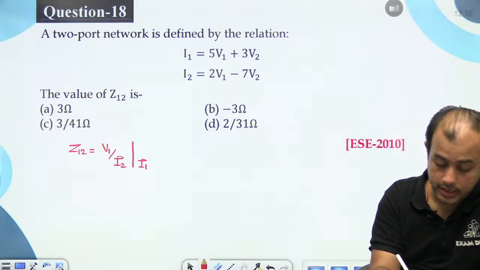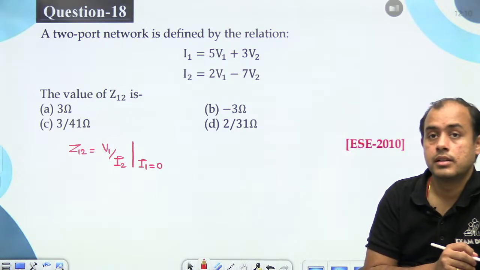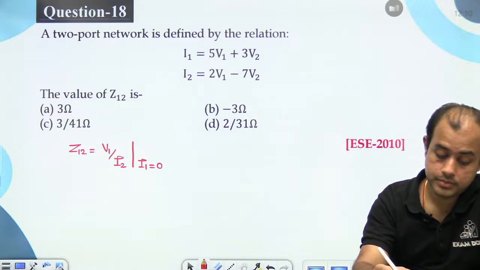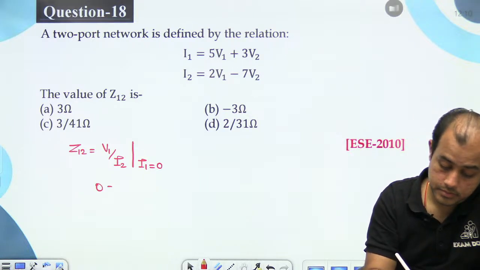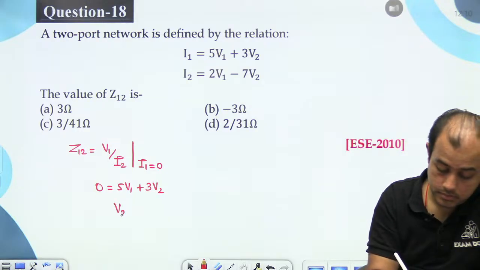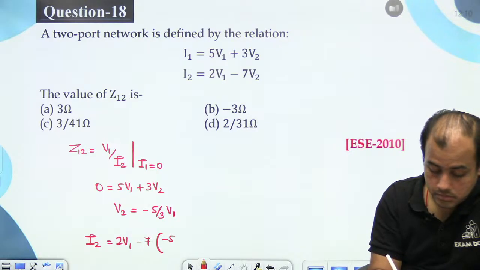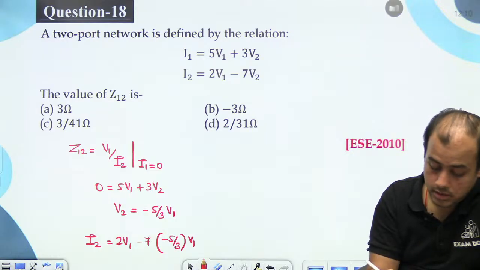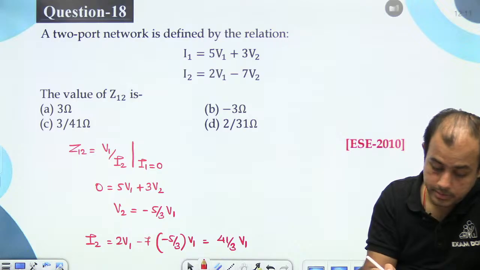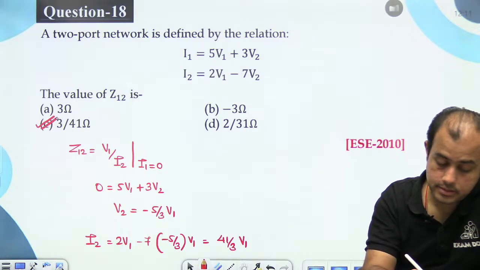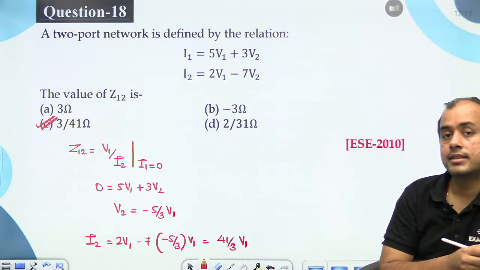V1 by I2 when I1 is 0. Okay, I1 is 0. 35/3, 41/3, 3/41. So the answer is C. Did you understand the story?